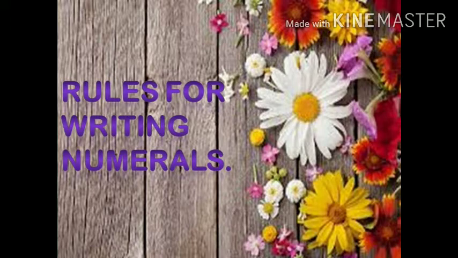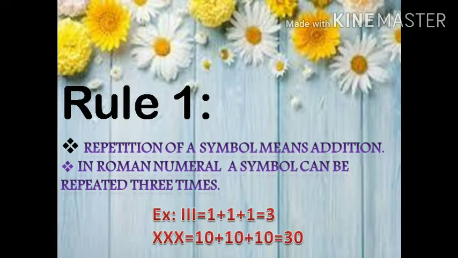Now let us see the rules for writing Roman numerals. Children, we know that repetition means addition. In Roman numerals, a symbol can be repeated 3 times. Let us see an example. Here, I is written 3 times. I represents the number 1.